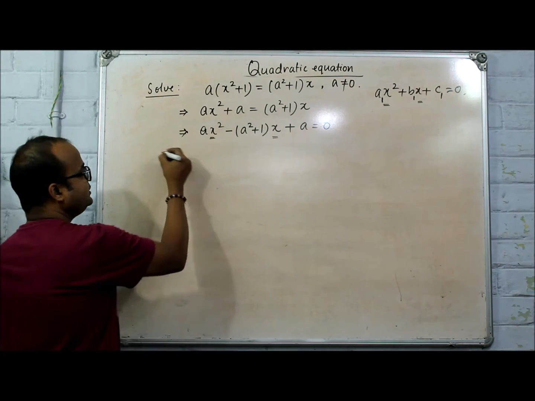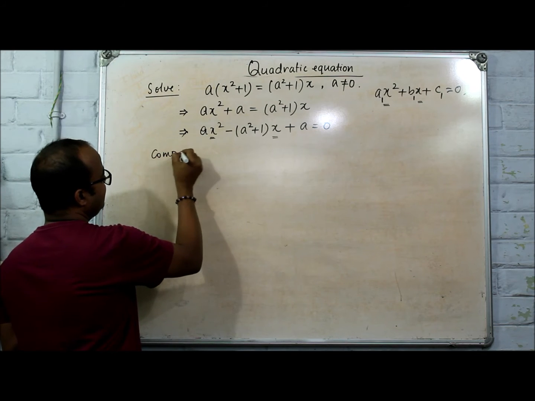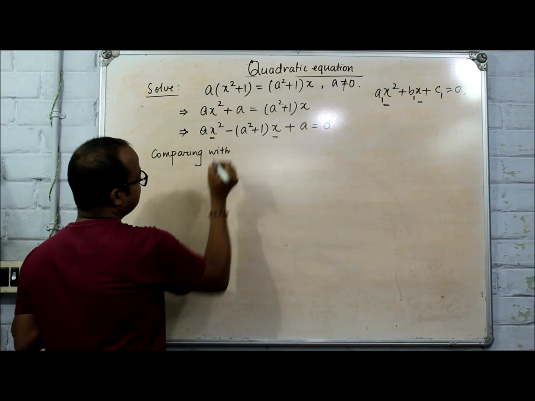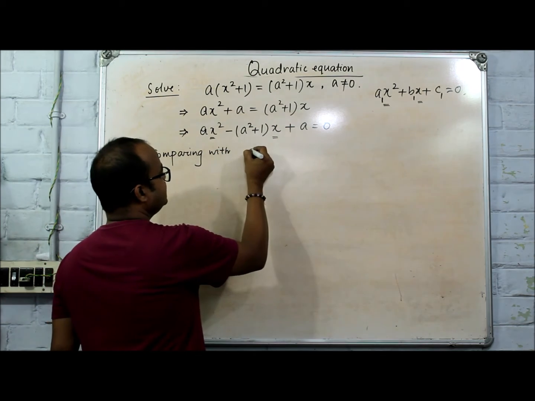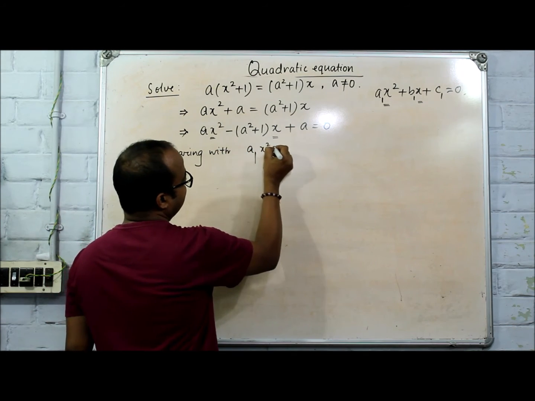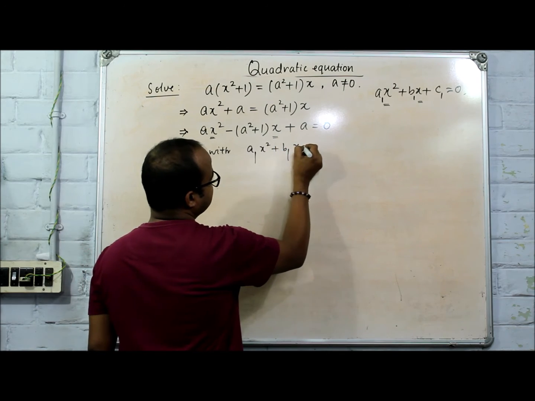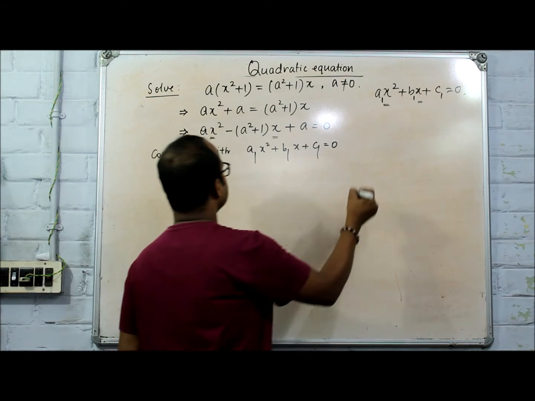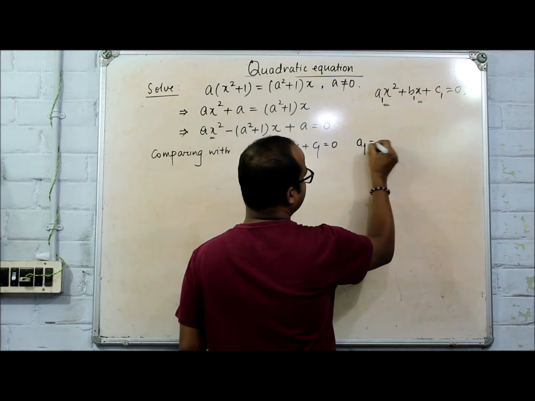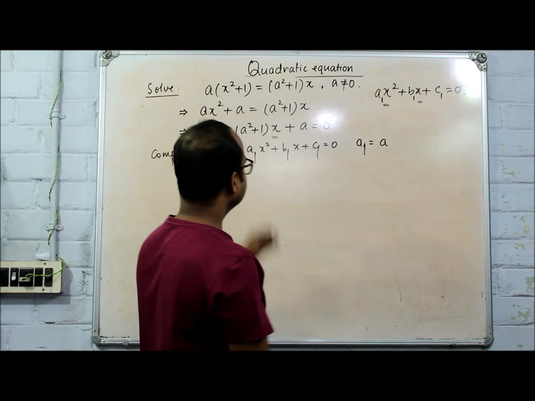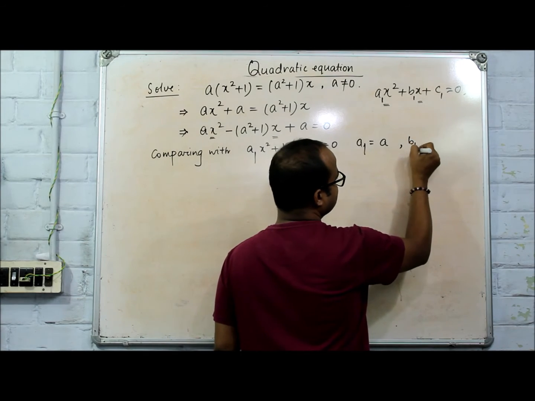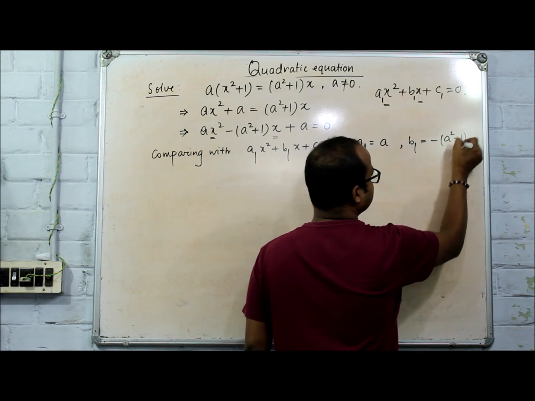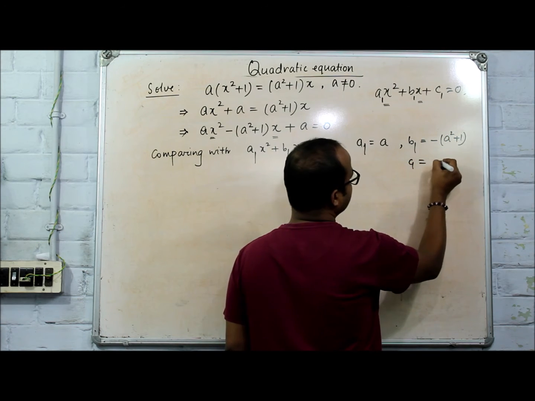So comparing with a1x square plus b1x plus c1 is equal to 0, we will get a1 is equal to a, b1 is equal to minus of a square plus 1, and c1 is equal to a.